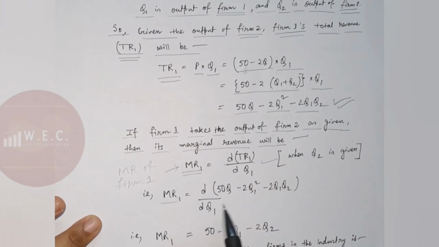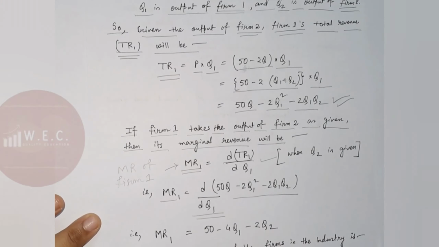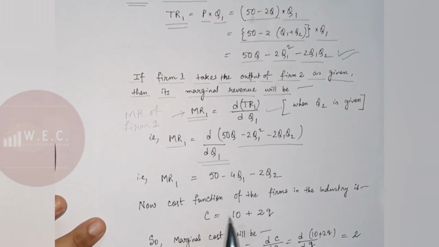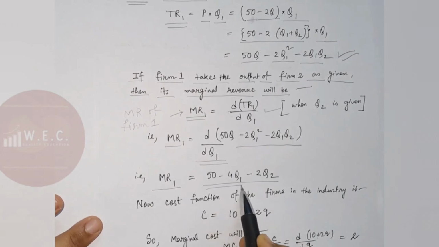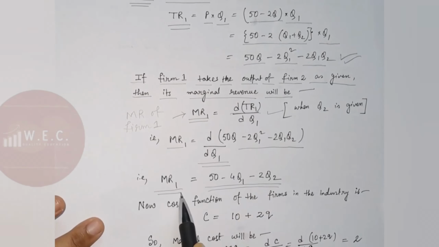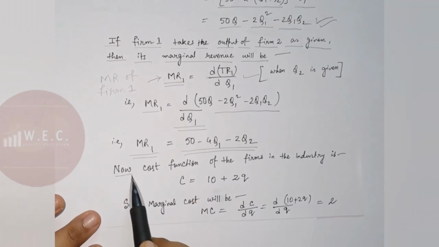Differentiating TR1 with respect to Q1, we get MR1 equals 50 minus 4Q1 minus 2Q2.